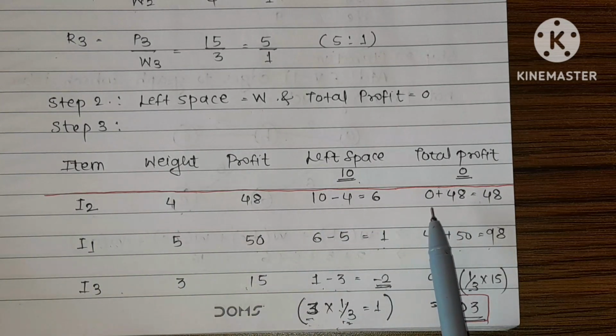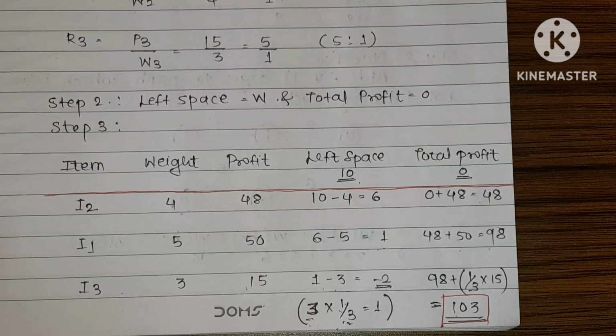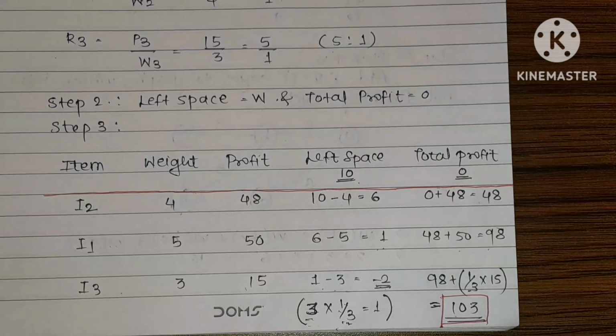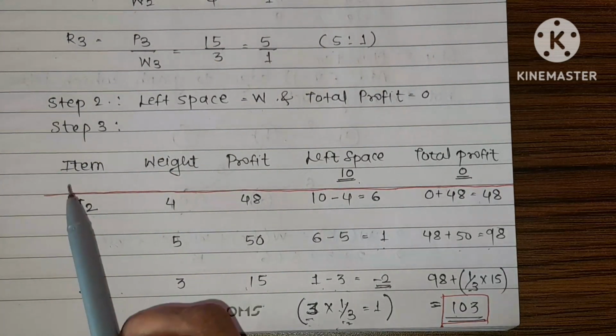But here we have to take care of the left space in the knapsack before adding an item. If it exceeds the capacity of the knapsack, then this item is not put into the knapsack entirely. Instead, a fraction or portion of the item is selected. So we will see how to solve this problem.